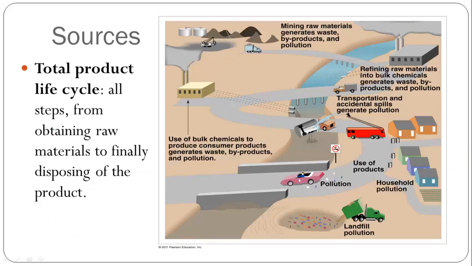The source of many of our hazardous chemicals are part of the processes of making our products. And so one thing to consider is the total product life cycle of whatever product you have. So if you think about your cell phone, all the different metals that had to be mined, the plastics which had to be made, I don't know what else goes in there, but electrical components.